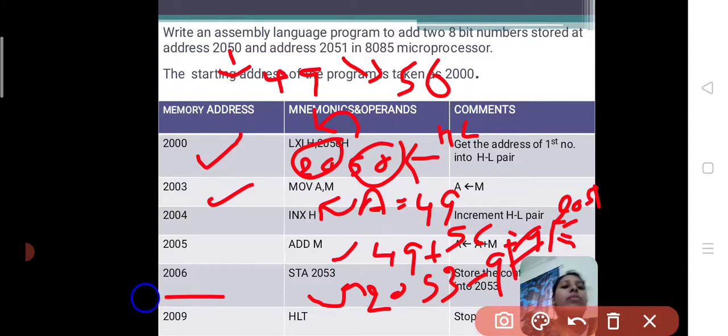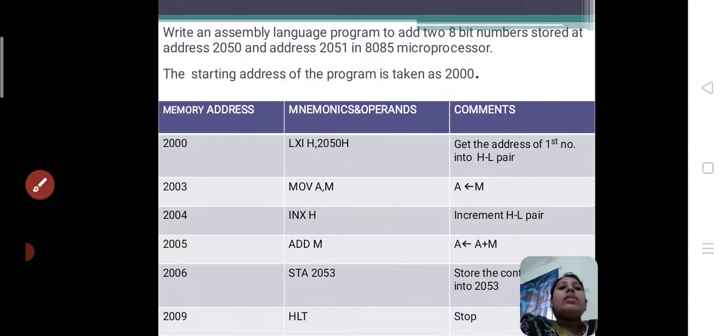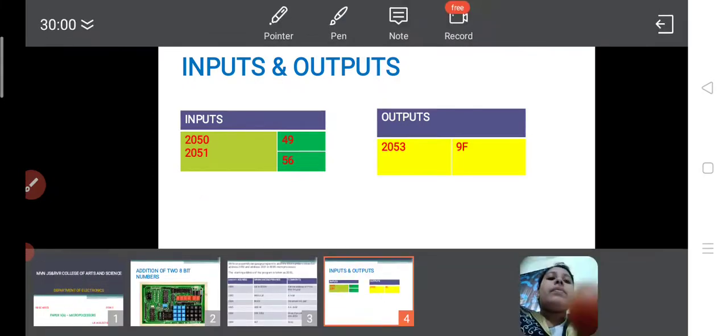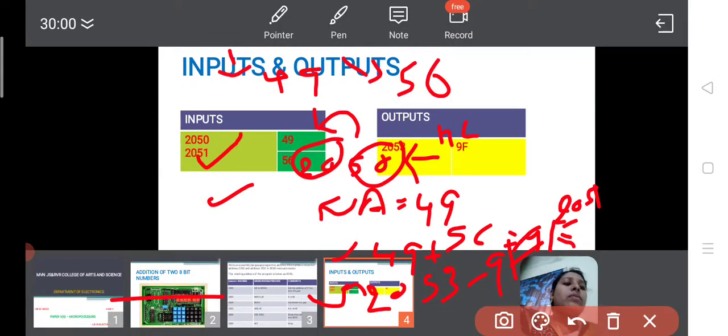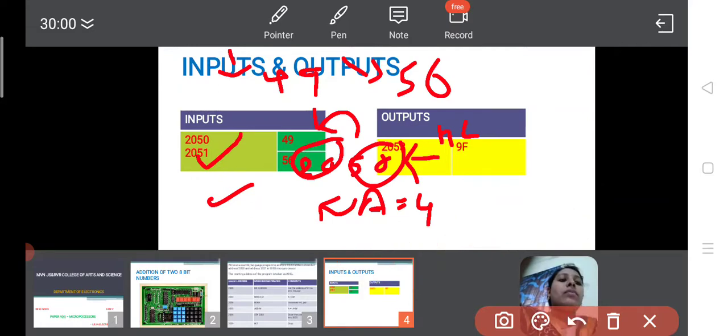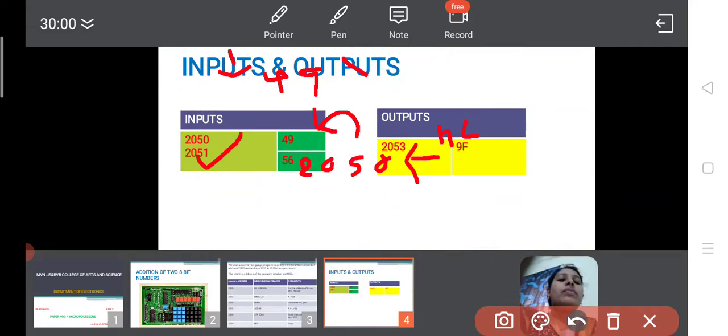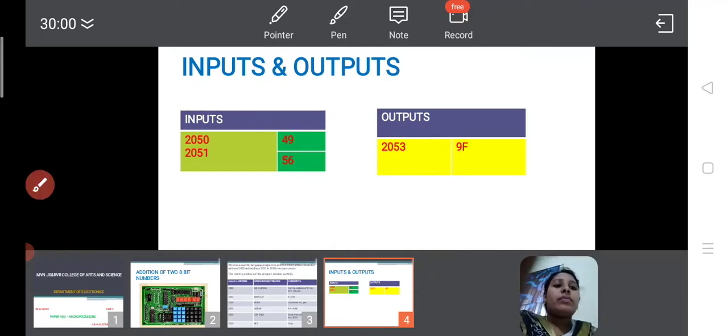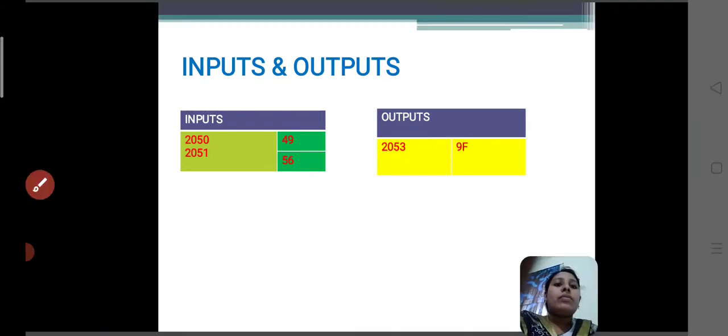Here my inputs are 49 in 2050 and 56 in 2051.